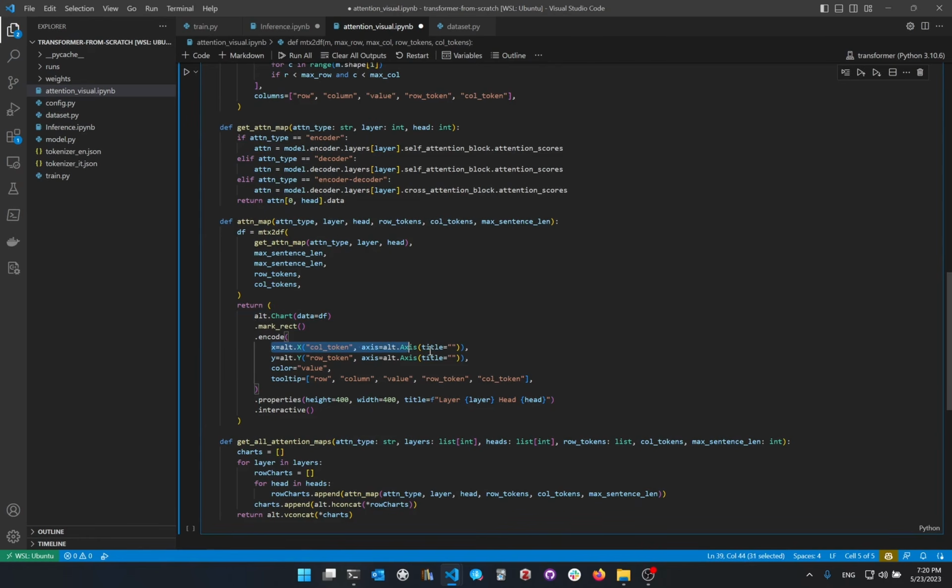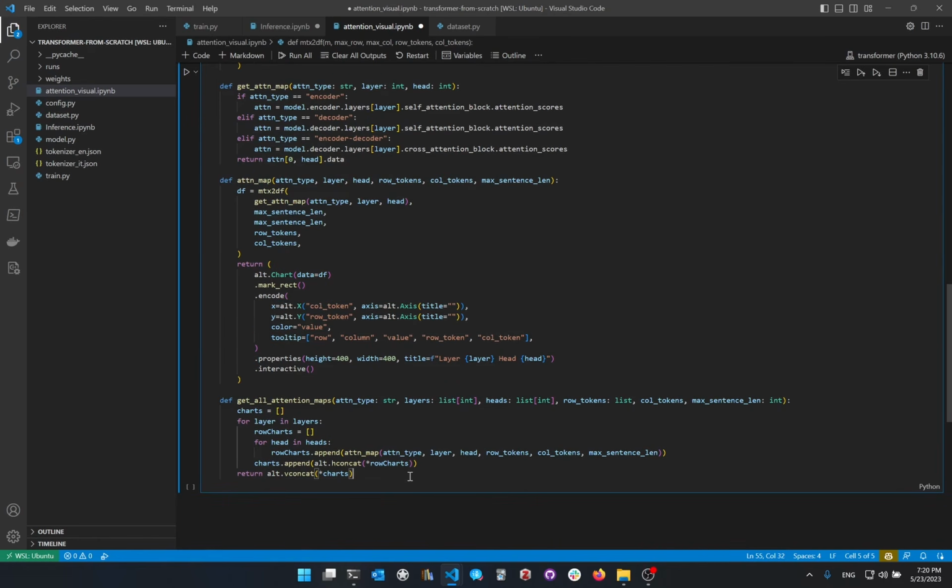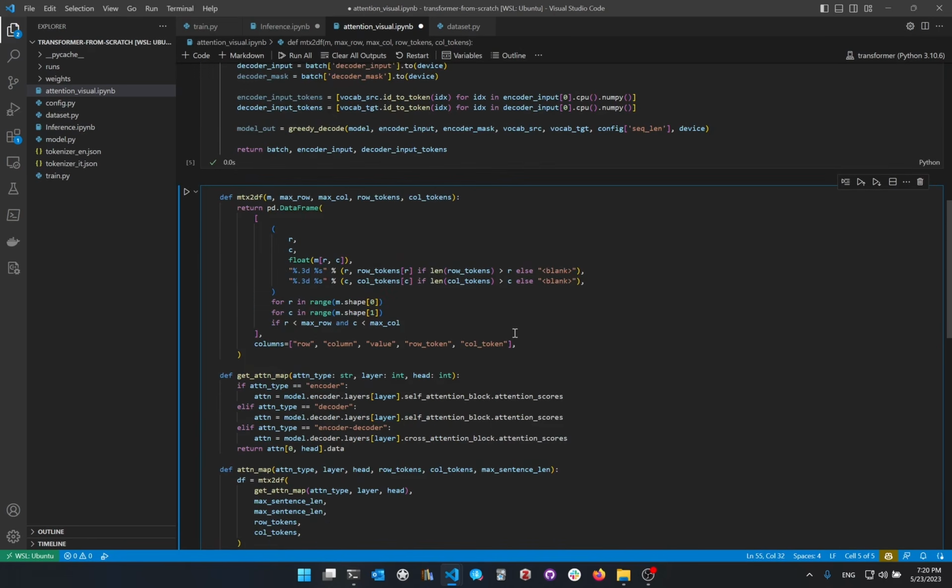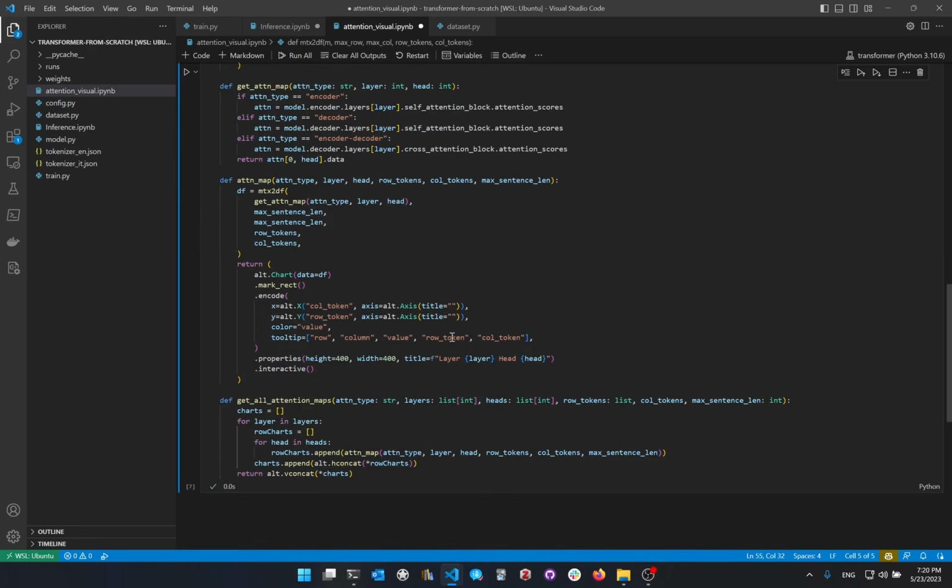The chart is built with Altair, and I built this method to get the attention for all the heads and all the layers that we pass to this function as input. So let me run this cell now.